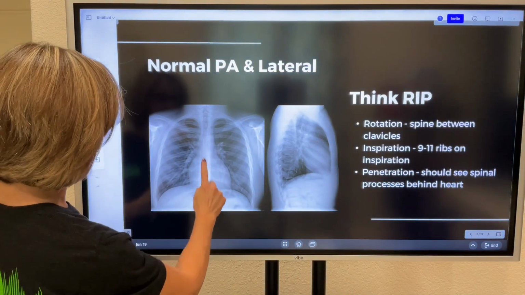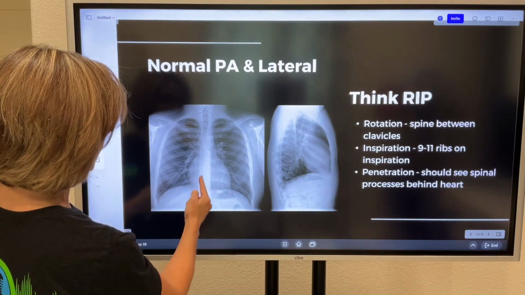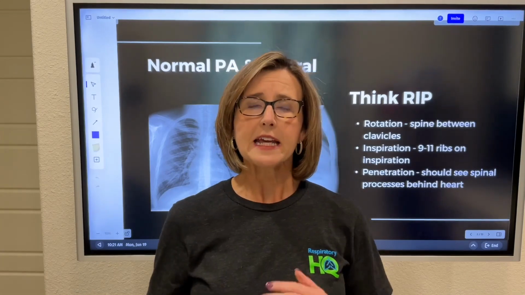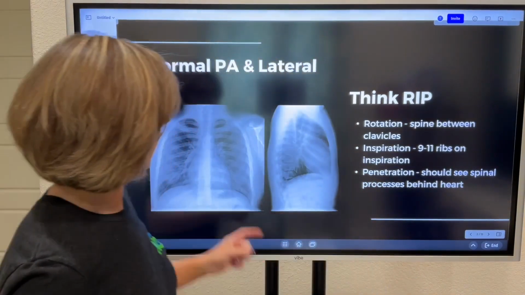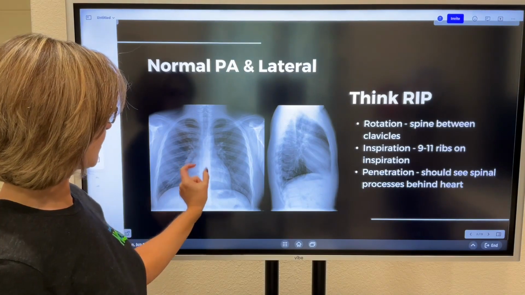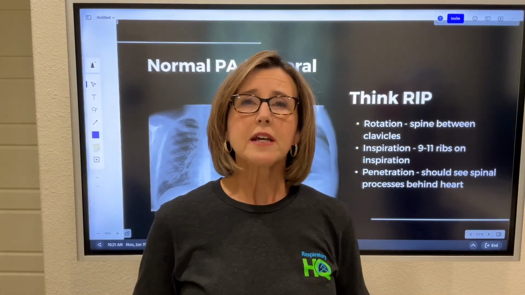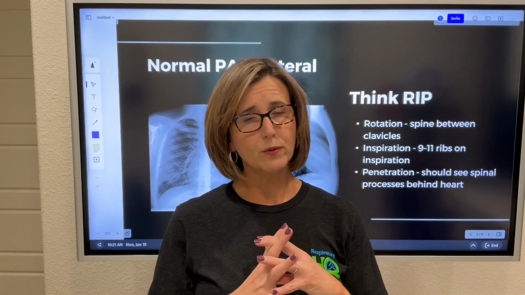So when we come down here, I should be able to see the vertebra and hopefully the spinal processes. If I can't, it's one of two things. If it is underexposed, I may not even be able to see the vertebra behind the heart, okay? Underexposed means that everything's going to look more white than it really is.